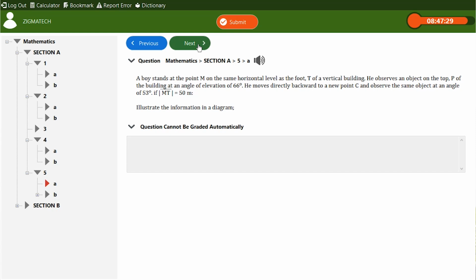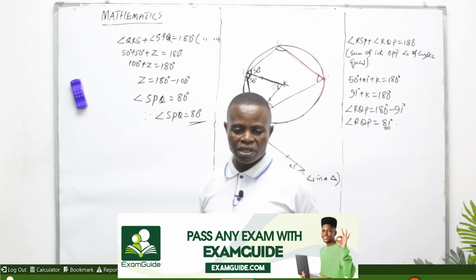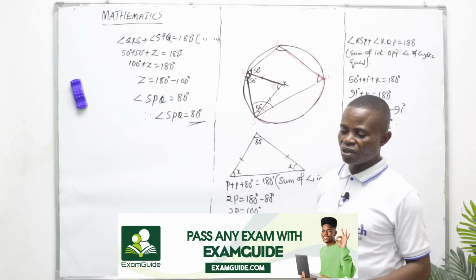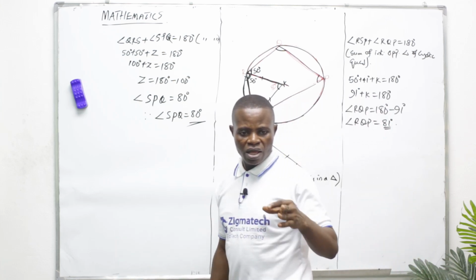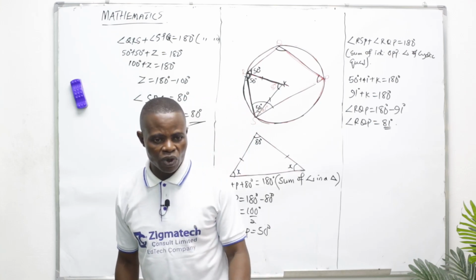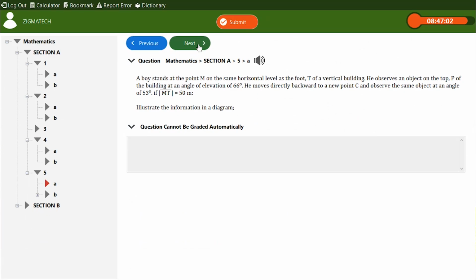He moves directly backwards to a new position. That is, the boy, if he has been standing here, he now moves like this again. You can see it. You are forming two elevations. See and observe the same object at an angle of what? 53 degrees. If MT is 50 degrees, illustrate the information in a diagram. That's just the instruction. Illustrate this information in a diagram.